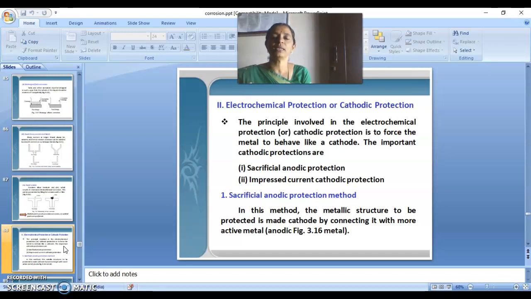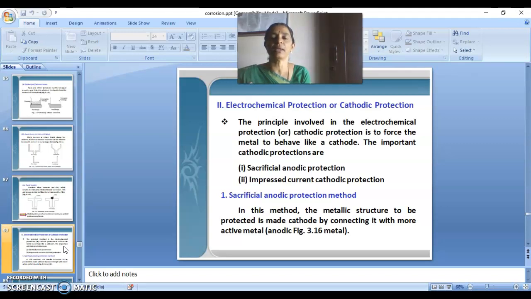Usually the ship, which is always in the marine system in its entire lifetime, is not getting corroded frequently. The ship is getting protected by means of this electrochemical protection method or cathodic protection method.